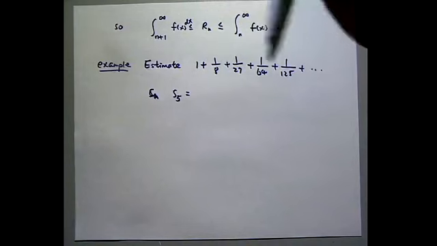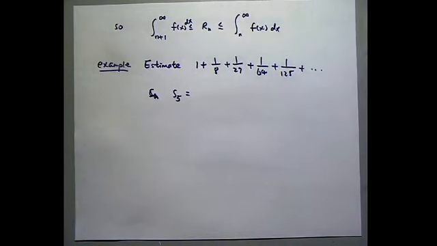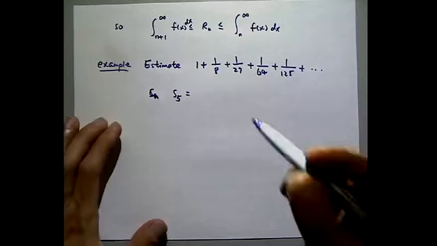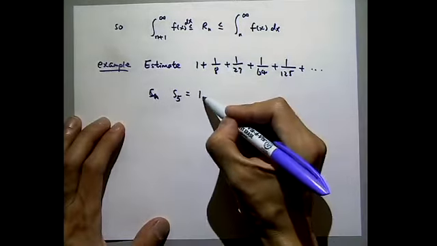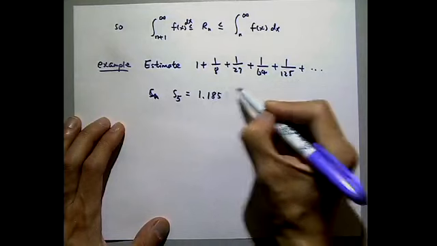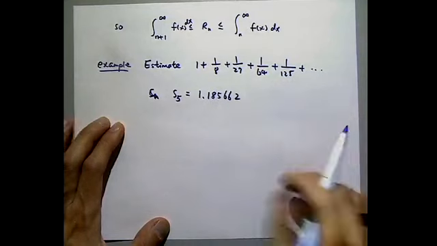One, two, three, four, 5. I have 5 terms here. If I simply add up the 5, then that's my 5th partial sum. So this is about 1.185662.